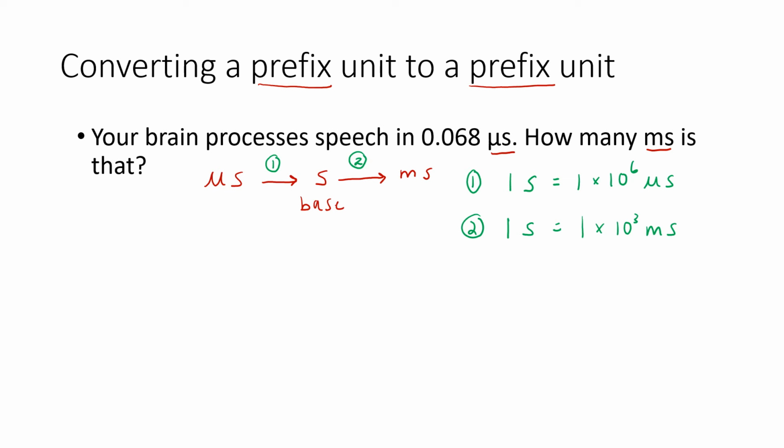Remember, both of those unit conversions we can use as fractions. Now we need to set up our dimensional analysis. We're going to start with what the problem gives us, which is the unit in microseconds. So 0.068 microseconds.